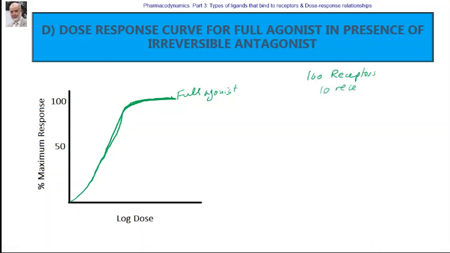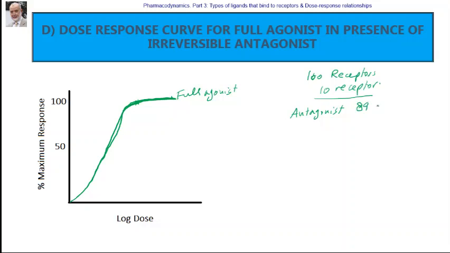So we have 100 receptors in the medium, and the maximum effect produced by the agonist can be achieved by occupying only 10 receptors. Okay? Suppose I place the antagonist first. I put the antagonist at the receptor, and the antagonist blocked 89 of the receptors.